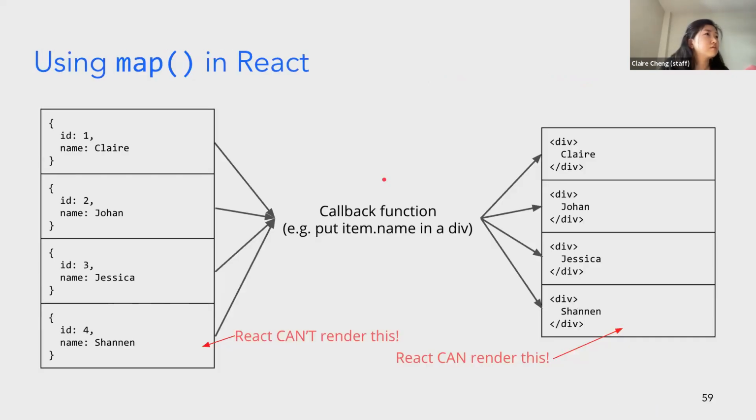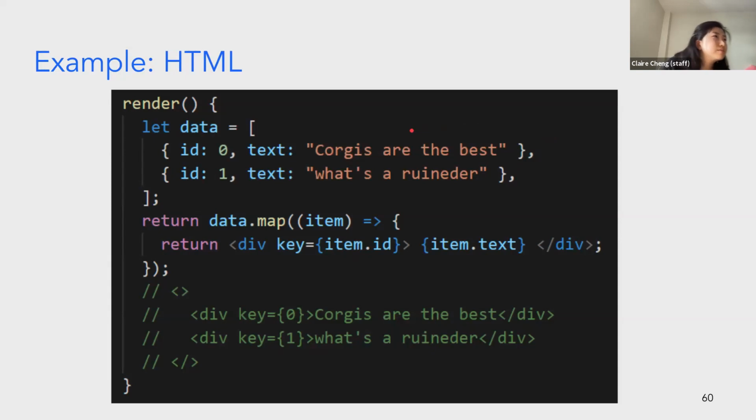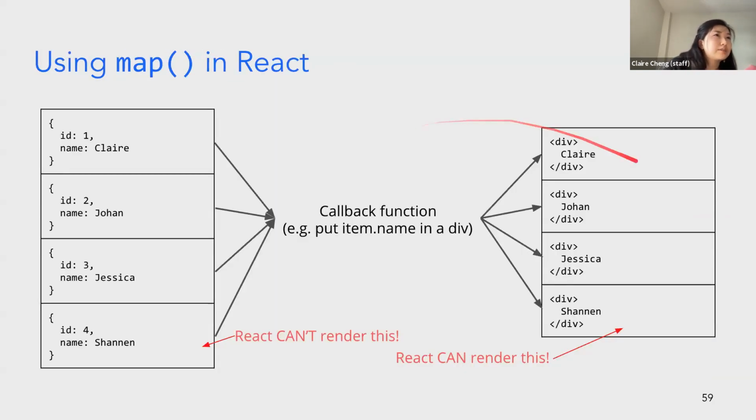I don't have an example of this particular one, but basically we would do dot map and then item, arrow, item.name. So it maps each of these items to a div with item.name inside. And that's how you would use map.